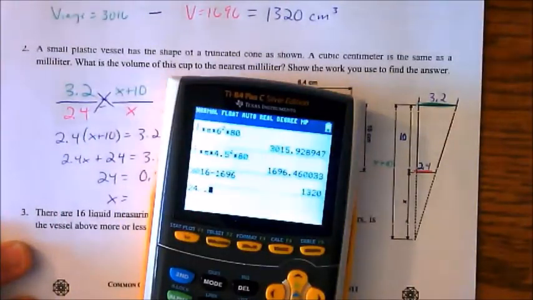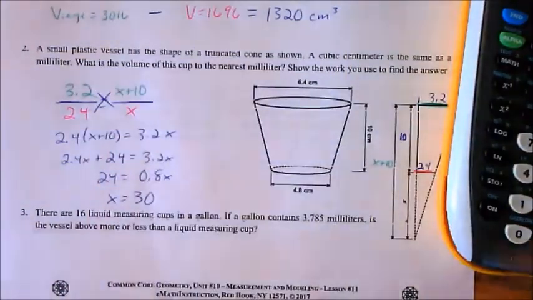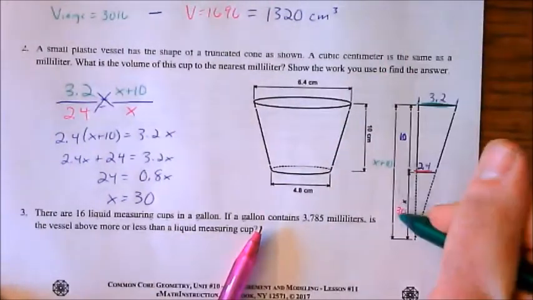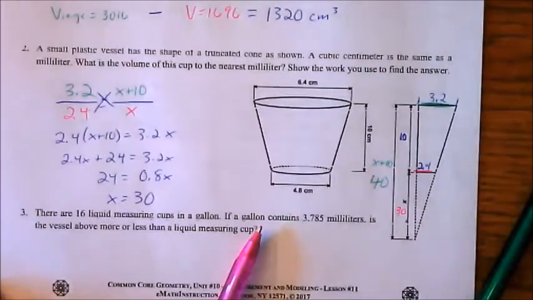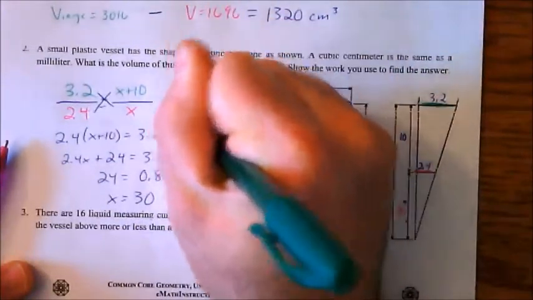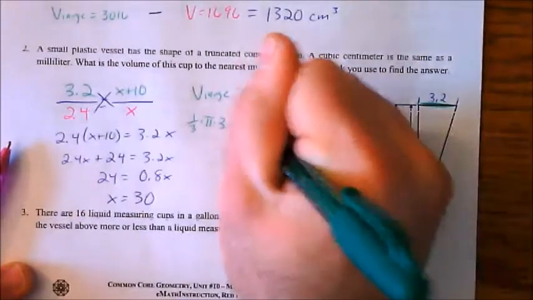So to solve this, cross multiply, 2.4 times x plus 10 is equal to 3.2x. 2.4x plus 24 equals 3.2x. I'm going to subtract 2.4x. I get 24 is equal to 0.8x. So if I divide 24 by 0.8, we get 30.